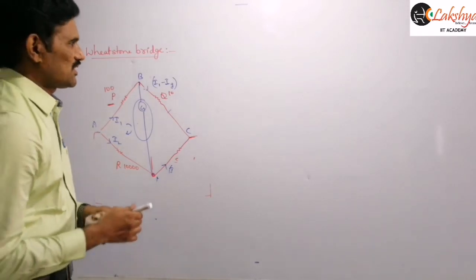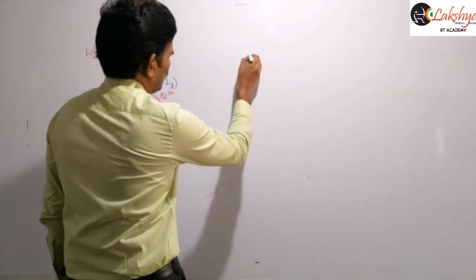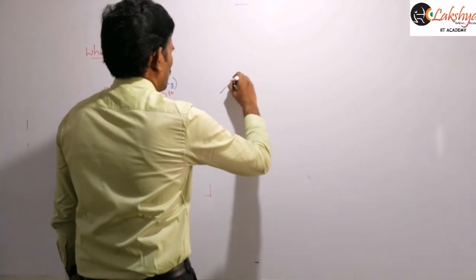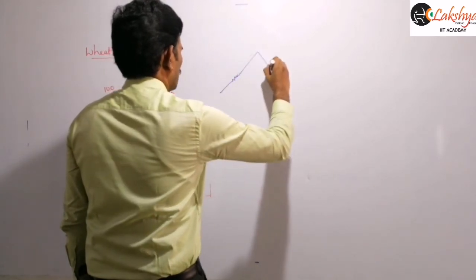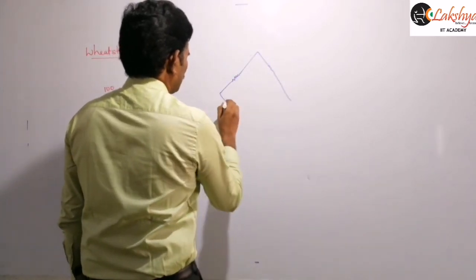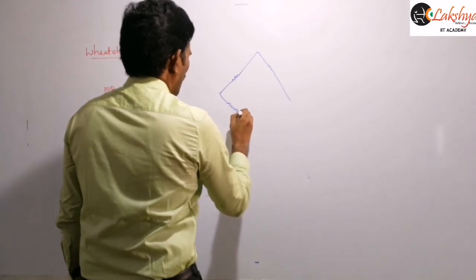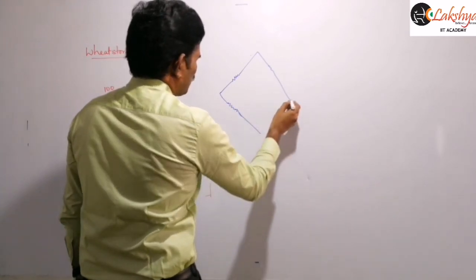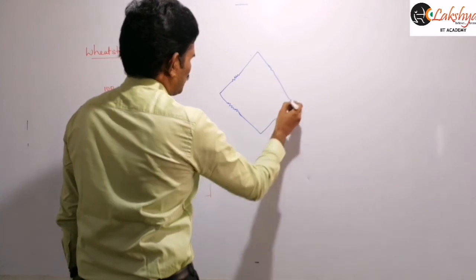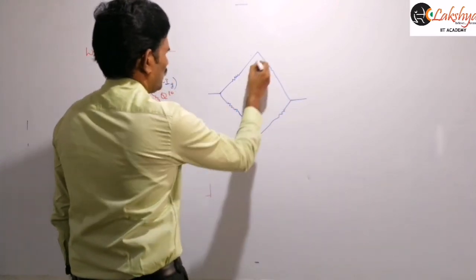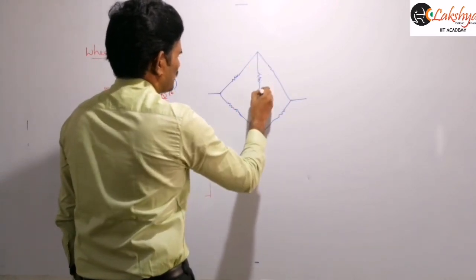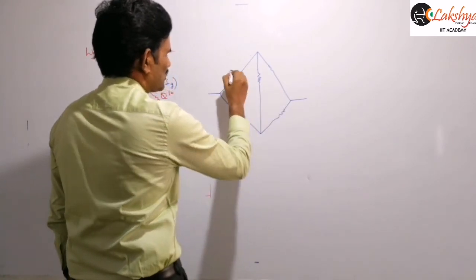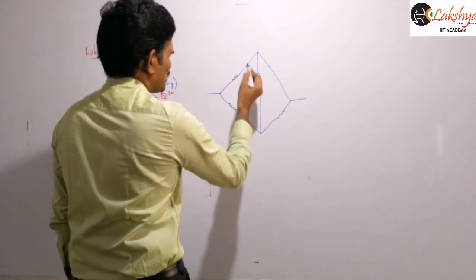Suppose I am taking a circuit similar to that of the Wheatstone bridge like this. Now I am saying how this Wheatstone bridge helps in finding the equivalent resistance or effective resistance. Suppose here, instead of this galvanometer, I am taking some resistance, because that galvanometer G also represents some resistance.